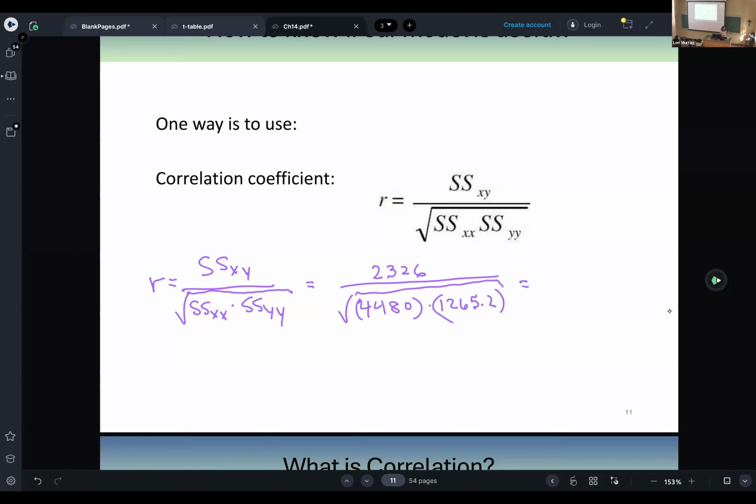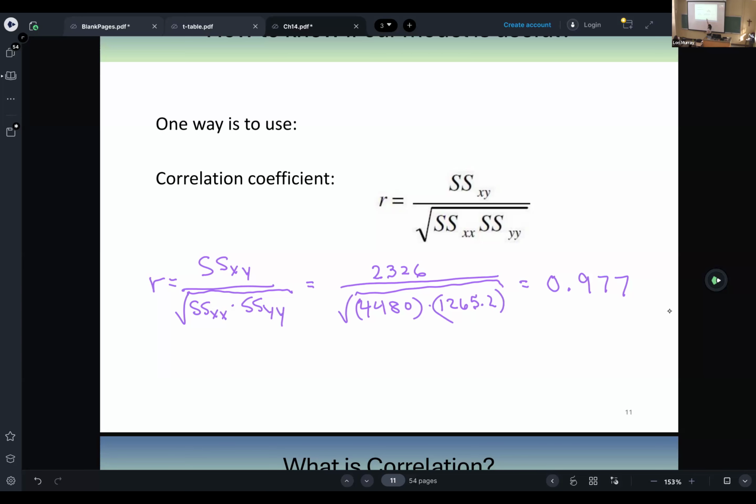Okay, let's round to 3 decimals. Anybody have it? Believe it or not, what does it boil down to? 0.977. Yeah. 0.977, remarkable. You can't get closer to 1 without trying.